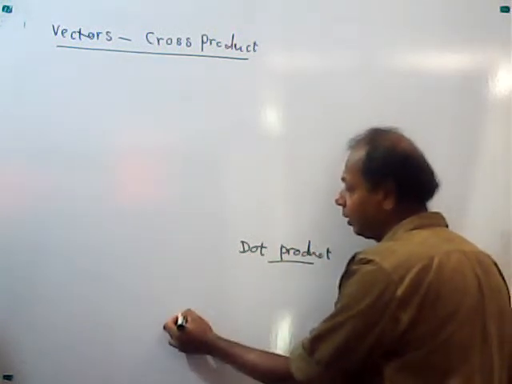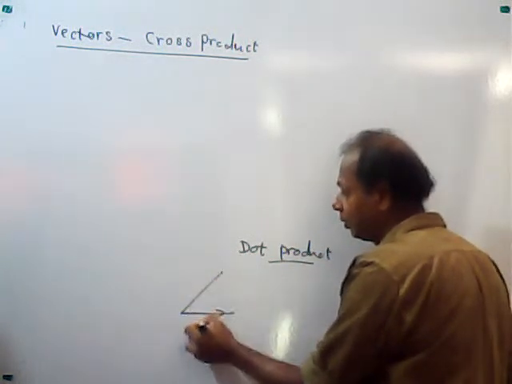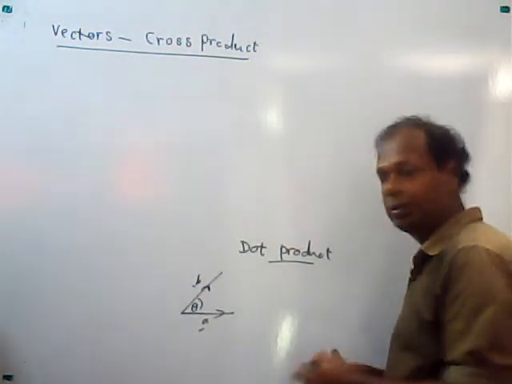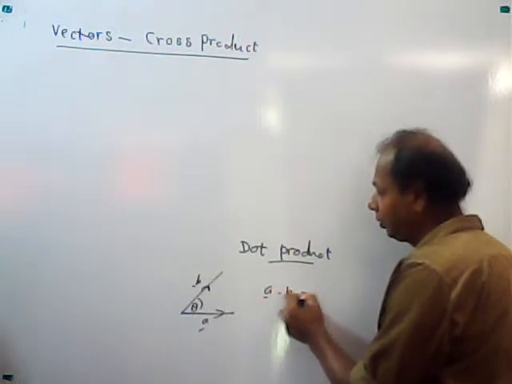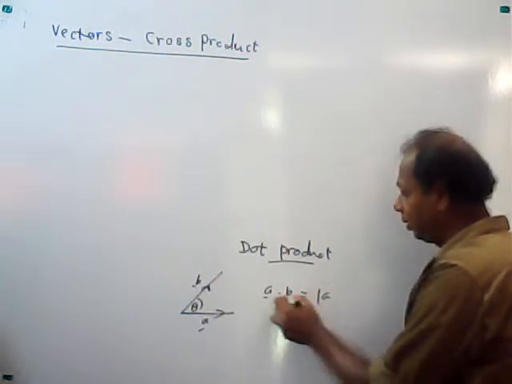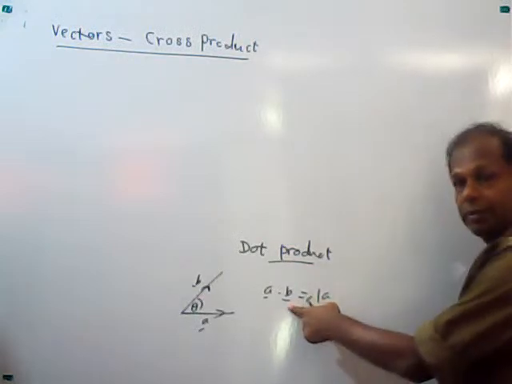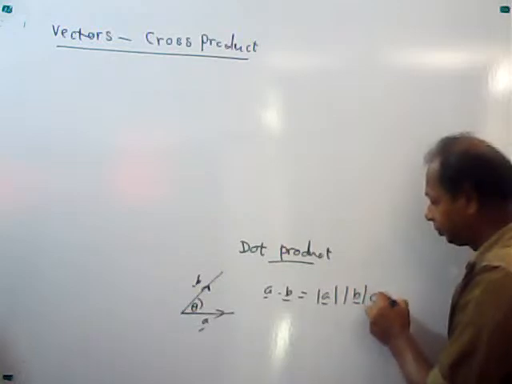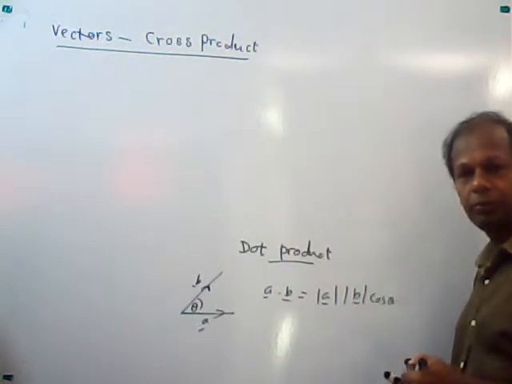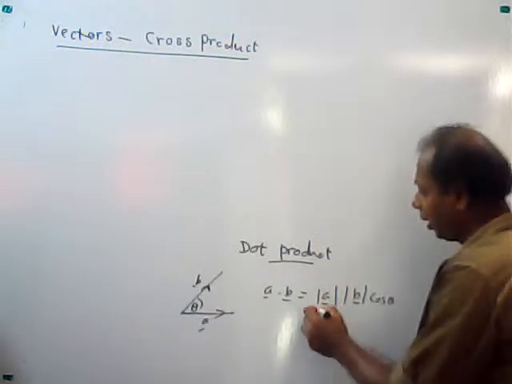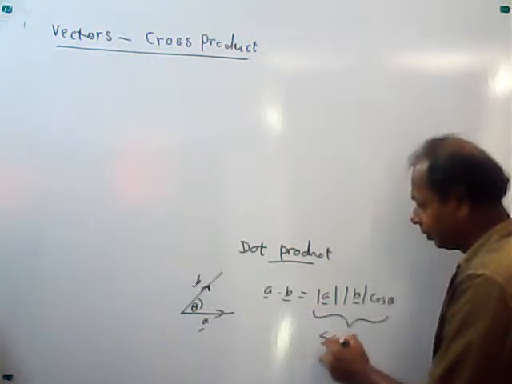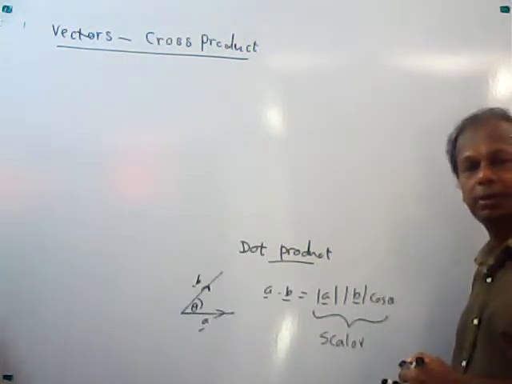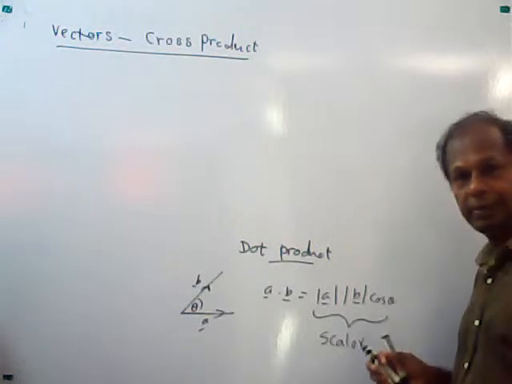Dot product we define as, given two vectors A and B with some angle theta between them, mod of A dot B equals mod of A, mod of B cos theta, and the result is a scalar. All these are scalars. The dot product gives a scalar. We have discussed this in detail.